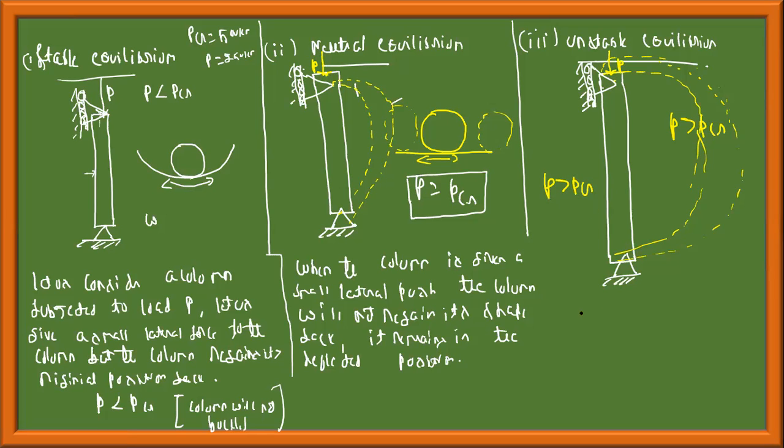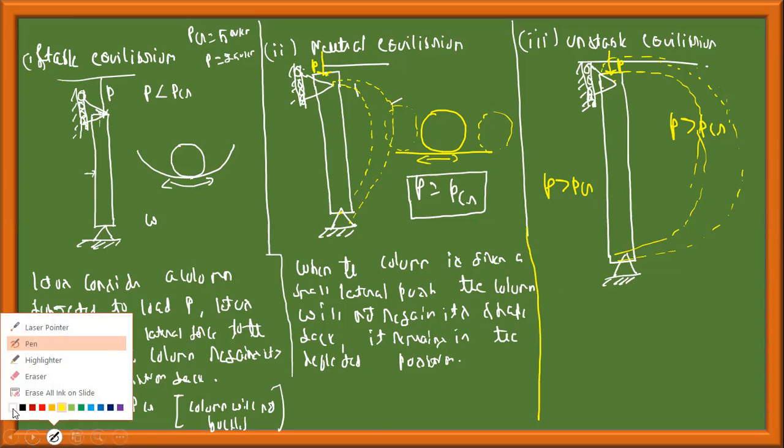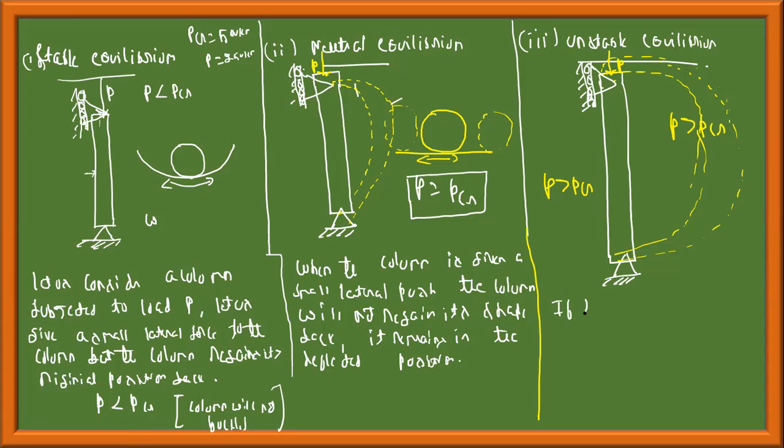Let me give the definition. If the load is increased beyond stage 2, that is neutral equilibrium, the column will collapse.